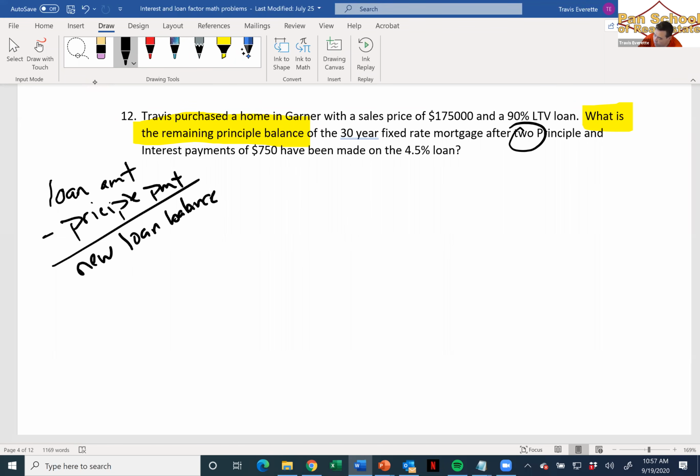So talk to me. What is my starting point here? What is my loan balance? Do we know, or do we have to figure that out? Figure it out. We got to figure it out. We know that my purchase price is $175,000, and we're borrowing 90% of that.